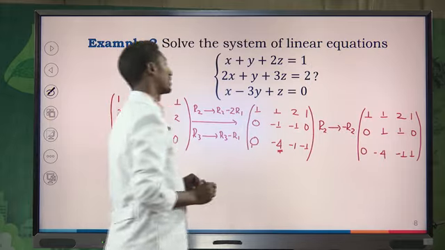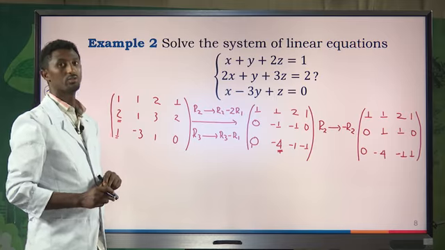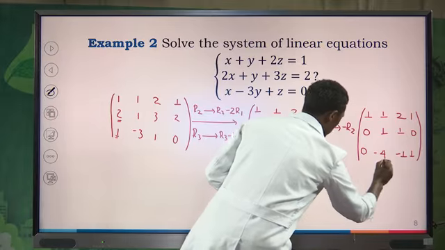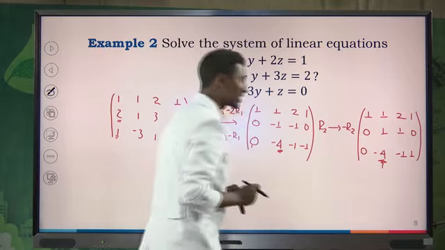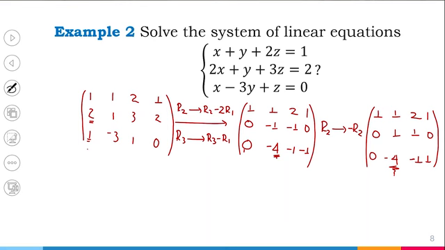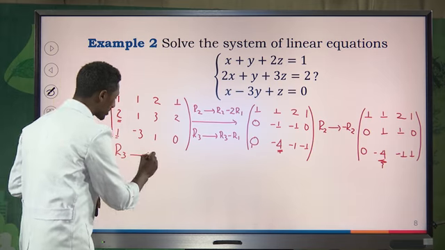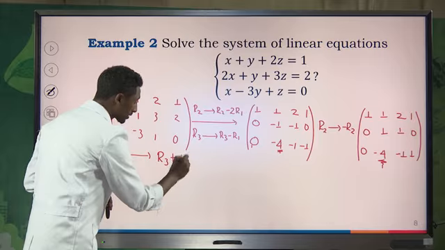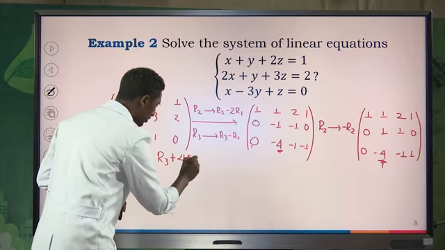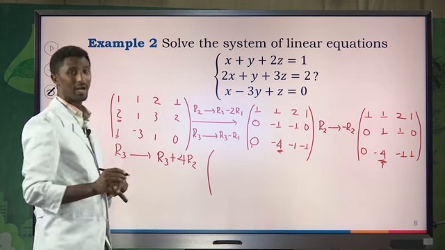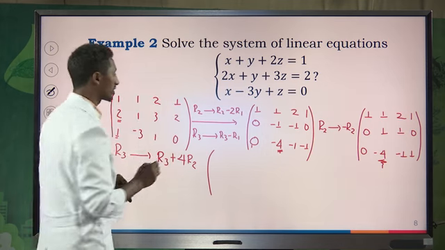Then to change into row echelon form, this minus 4 must be 0. So to make this 0, use the row above. So R3 must be changed by R3 plus 4 times row 2. We write row 1 and row 2 as they are.